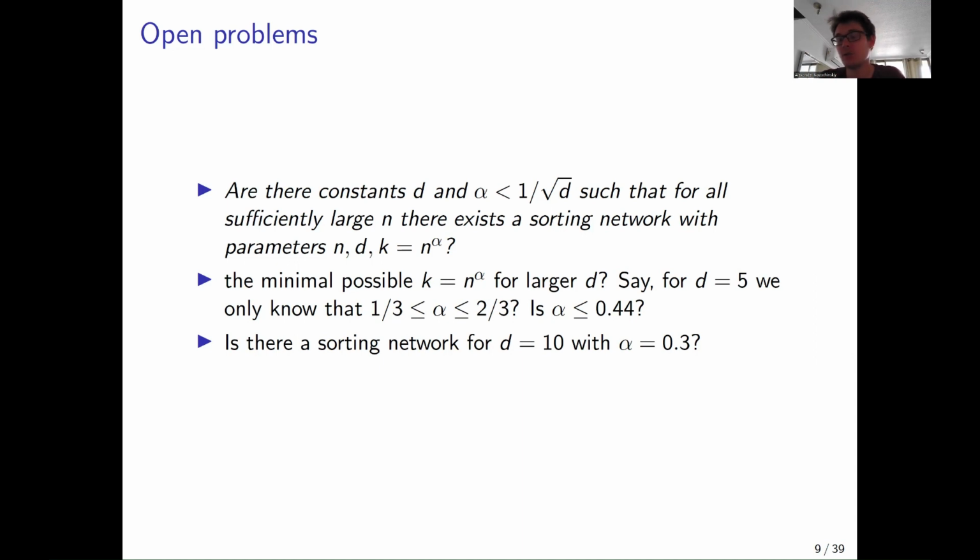And nobody knows actually, it may happen at some random depth, let's say d equals 10, and for d equals 10 you need something better than 1 divided by square root of 10, so for example, alpha 0.3 would work.